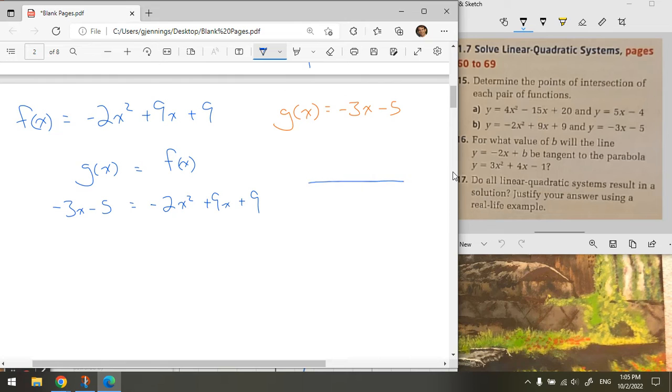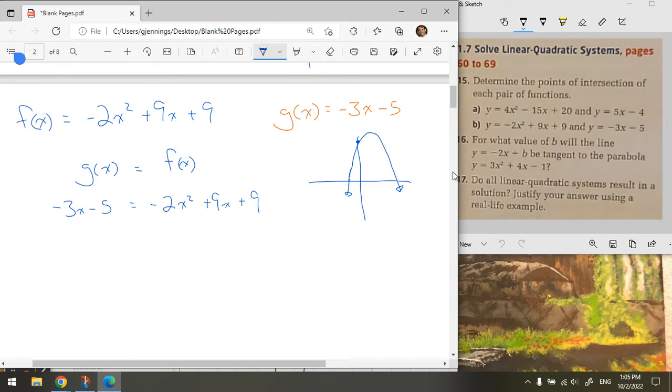All right, let's visualize. The quadratic crosses up here at 9. It's opening downwards, and it has a positive slope. So it's looking something like this, right? Okay, it's looking something like that, this quadratic.